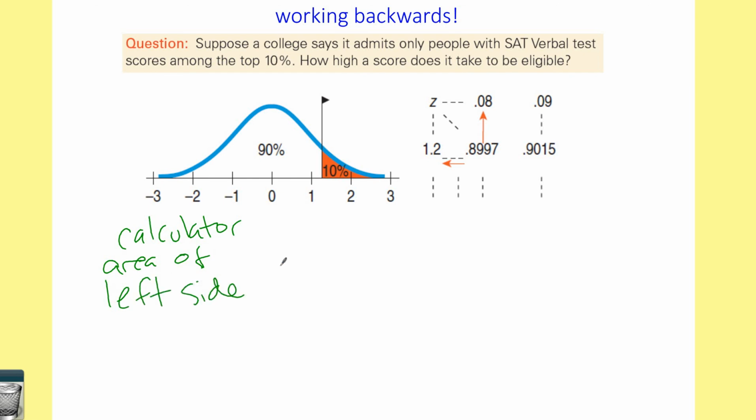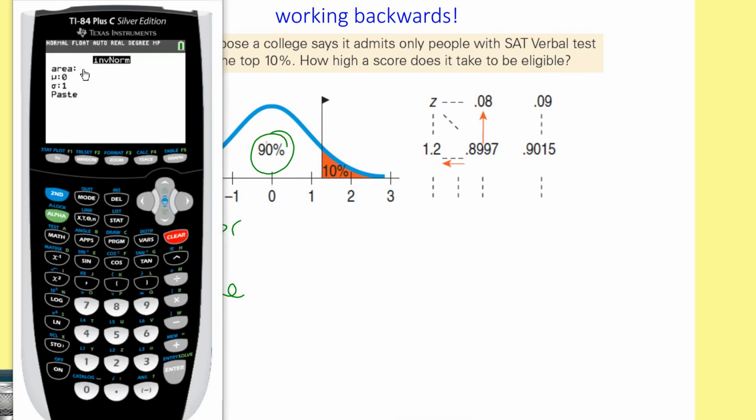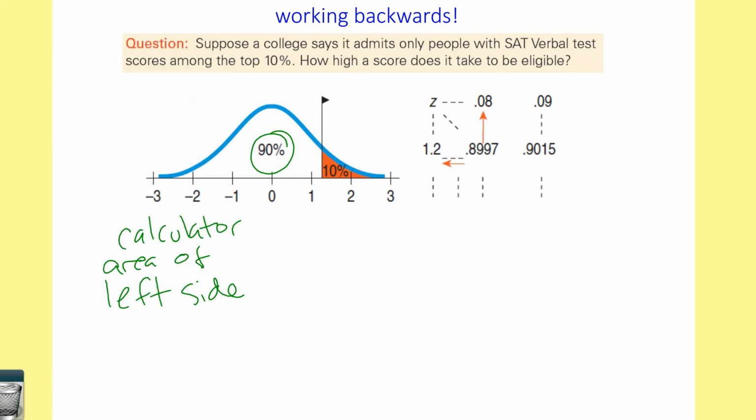In this case, we're going to use 90%. So the area would be 0.9, our mean and standard deviation, paste, enter, 1.28, and it even gives us more exact than the table would. So handy dandy calculator, know and love those functions.